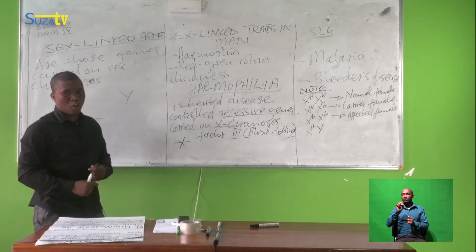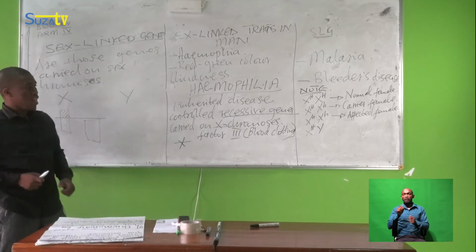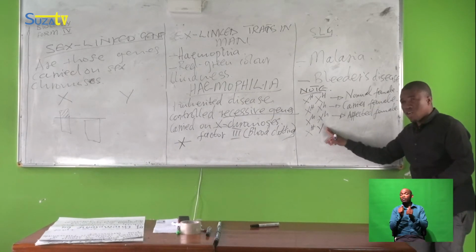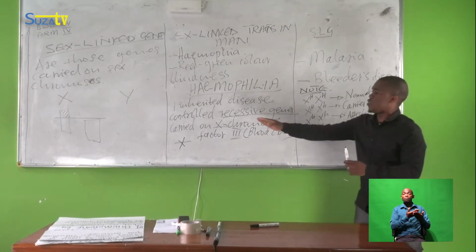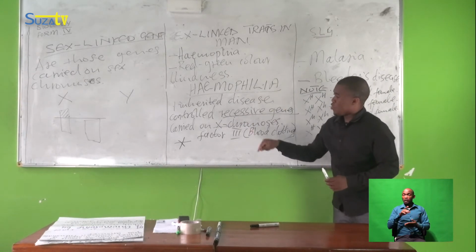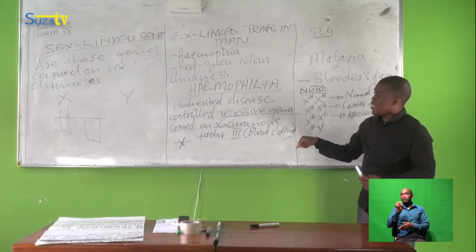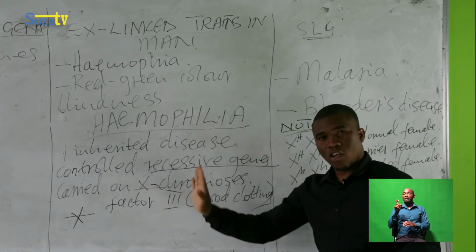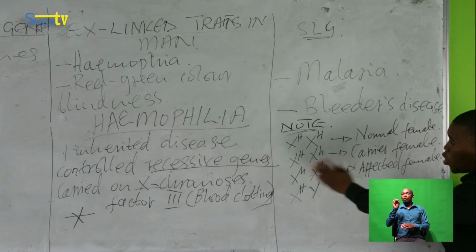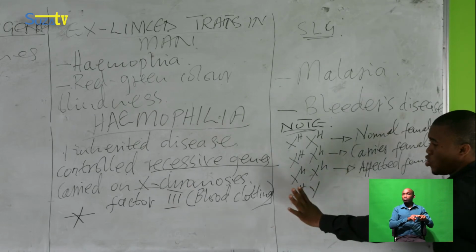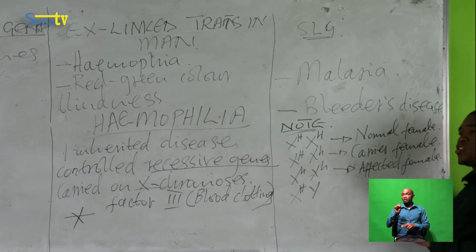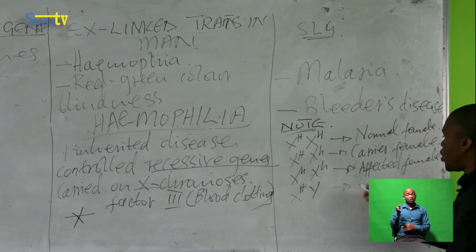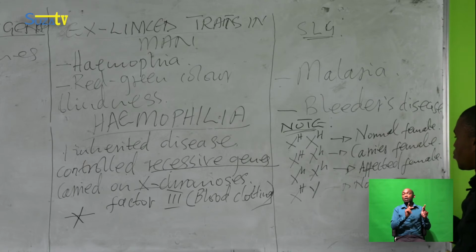Thank you a lot. Good. We don't put any genes on the Y chromosome because those genes, I mean sex-linked genes, are mostly carried on the X chromosome. That's why we put those genes on the X chromosome and not on the Y chromosome. So this one will be a normal male.